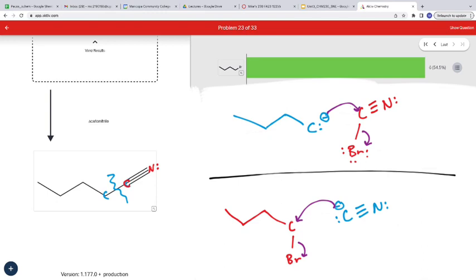Why is there no carbocation though? Does it show a carbocation? No, because I've drawn the system that doesn't show a carbocation. Should I have drawn the system that showed a carbocation? Okay, that's a different question, and one that we should potentially think about and address.